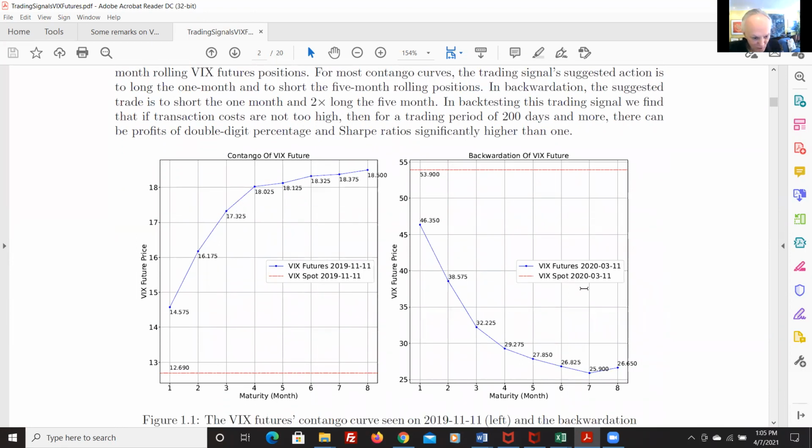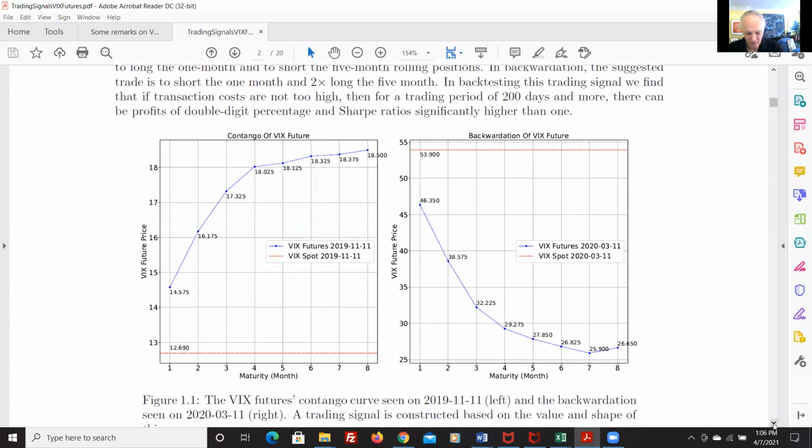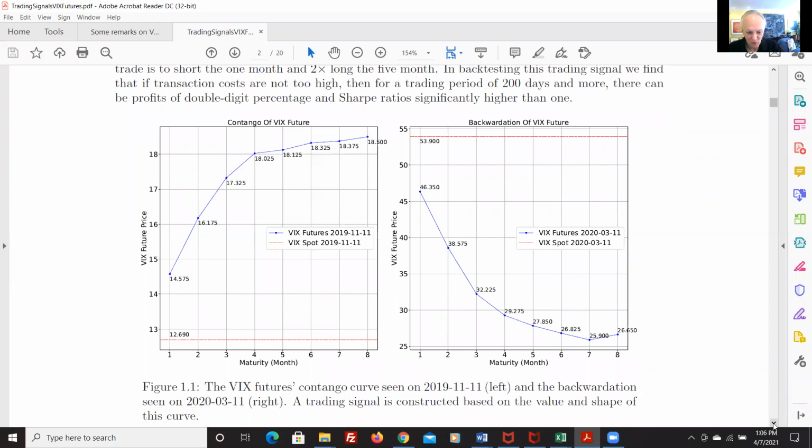Here is another, more precise graph of how the VIX futures work. In normal conditions it's contango, but when there's a shock in the market, notice that the y-axis is much bigger. So this is November 2019 here, and this is March.